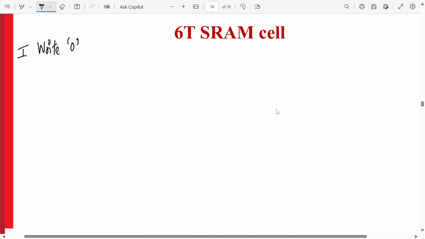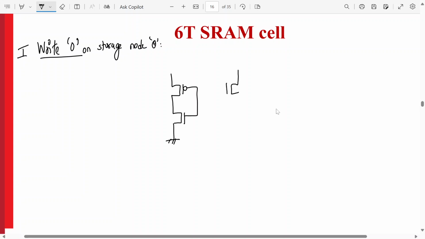Write 0 on storage node Q. Okay. So for the write 0 operation, let me just draw this again quickly. It will be a practice for you. You have drawn it once, so no need for you all to draw. Let me do it quickly.